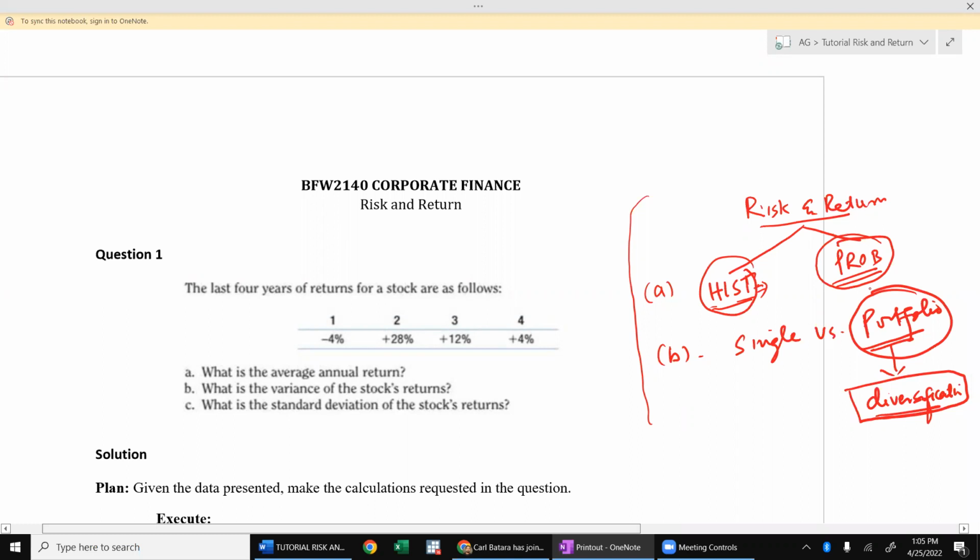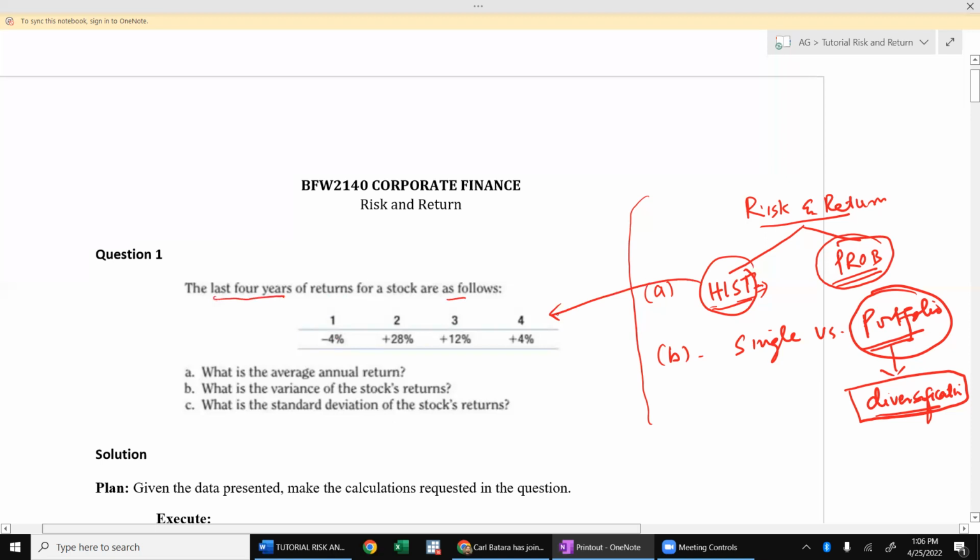So first, the last 4 years of returns for a stock are as follows: 1, 2, 3, 4. Since it is the last 4 years, we will be applying the historical method to estimate our risk and return.